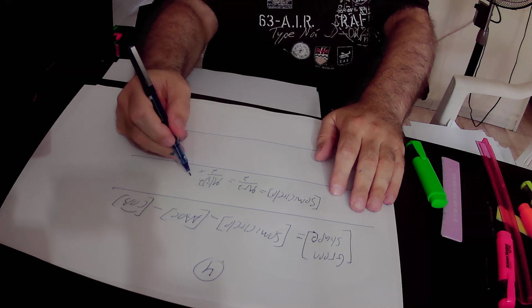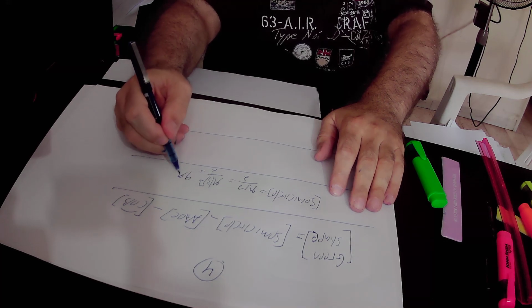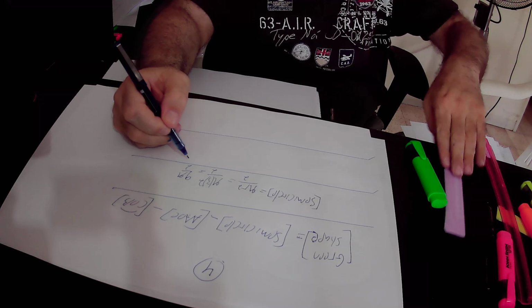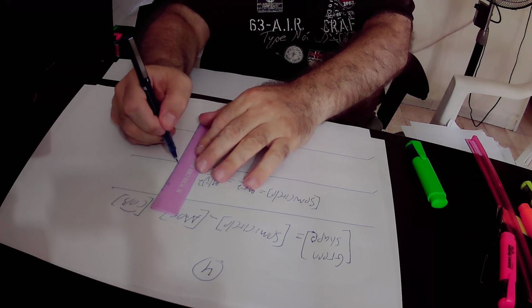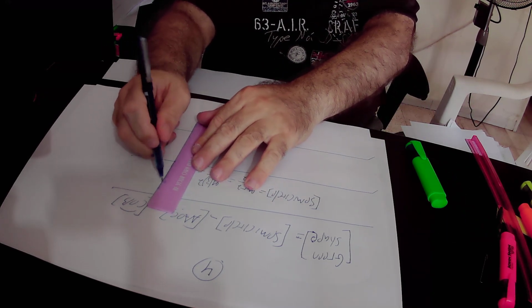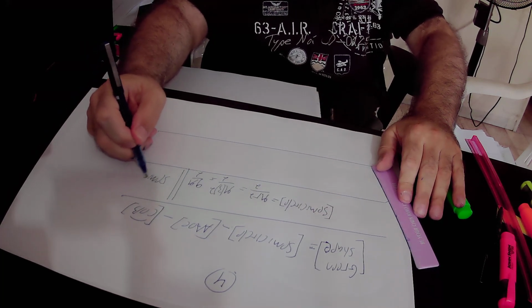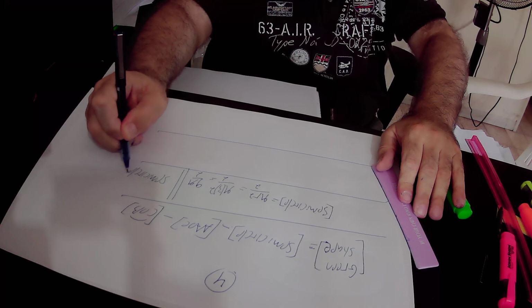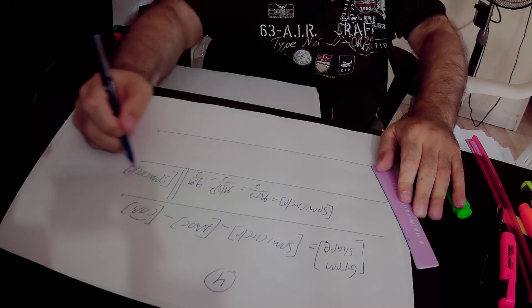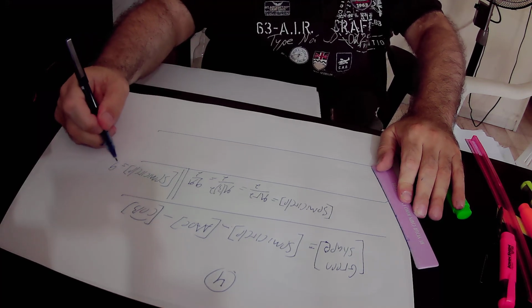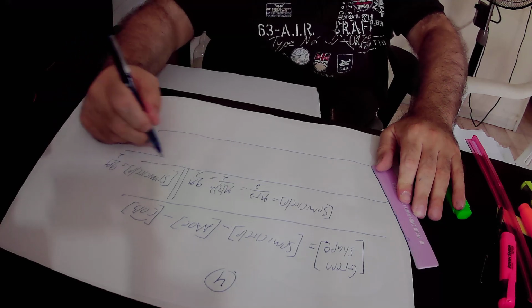So in total, this expression will be equal to 9 pi over 2. So in conclusion, we found out that the area of the semicircle equals 9 pi over 2 square units.